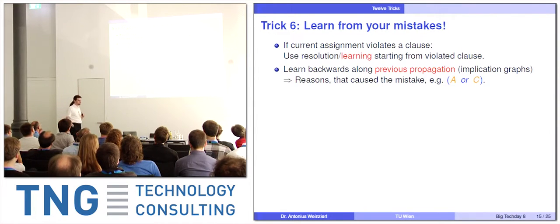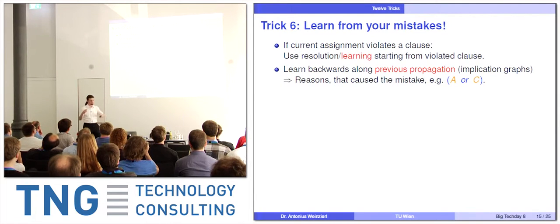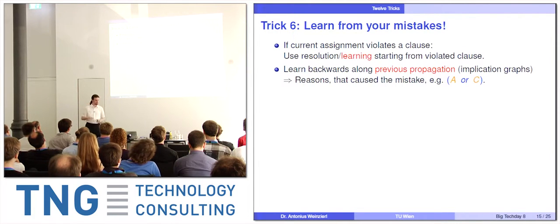So if we have an assignment that violates some clause, then we can use resolution, starting from this violated clause, going backwards, and uncover things which are important, which we did ignore because we ran into a mistake.